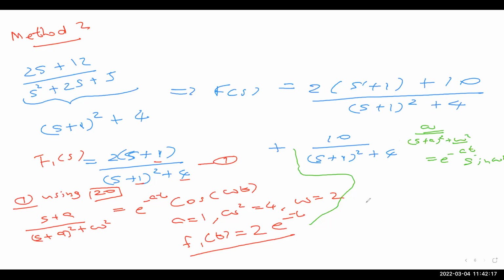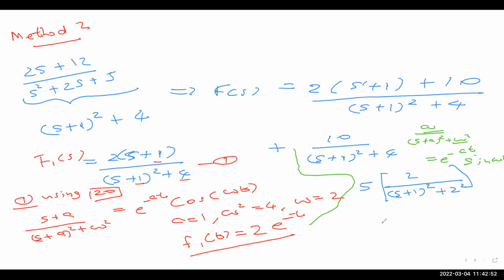So what we can do is get 5 out, and have 2 over (s plus 1) squared plus 4, or we can just write 2 squared. So we have got the required format.